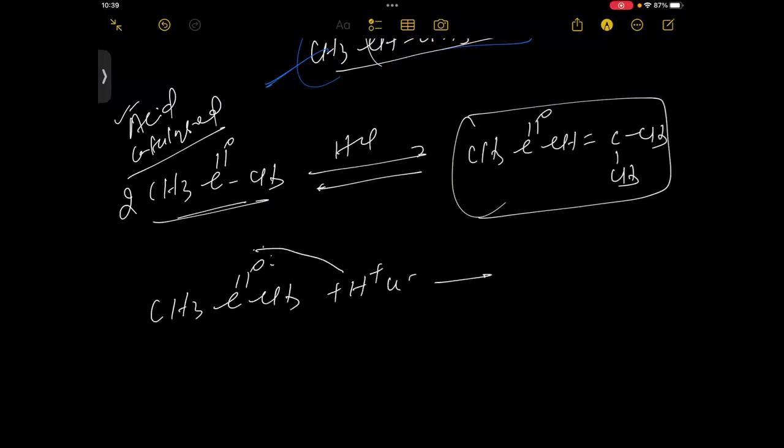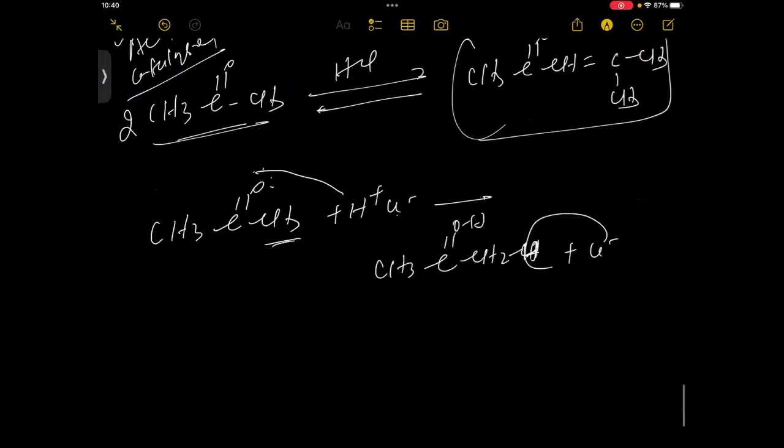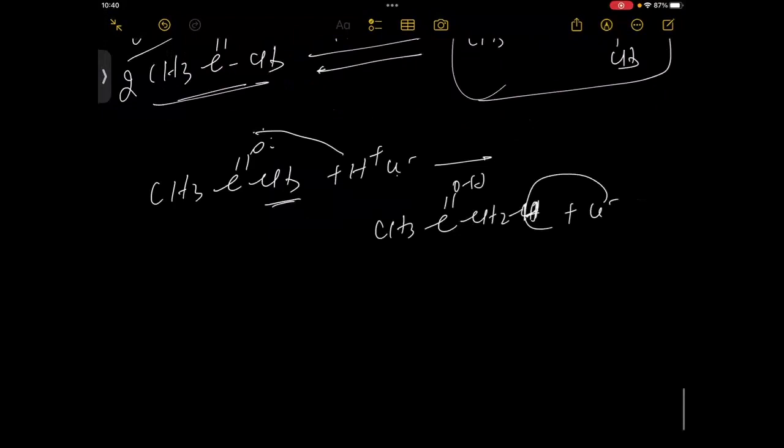CH3 C OH CH2, and Cl. Can we write CH3 like that, CH2 and H, we have it right here. And now you have Cl negative, which will attack here and generate C, OH, and here CH2 negative.